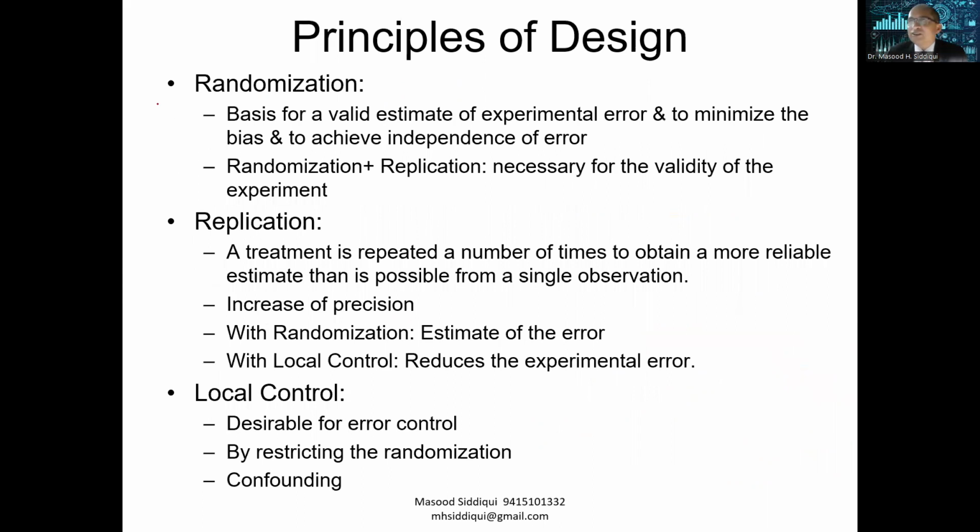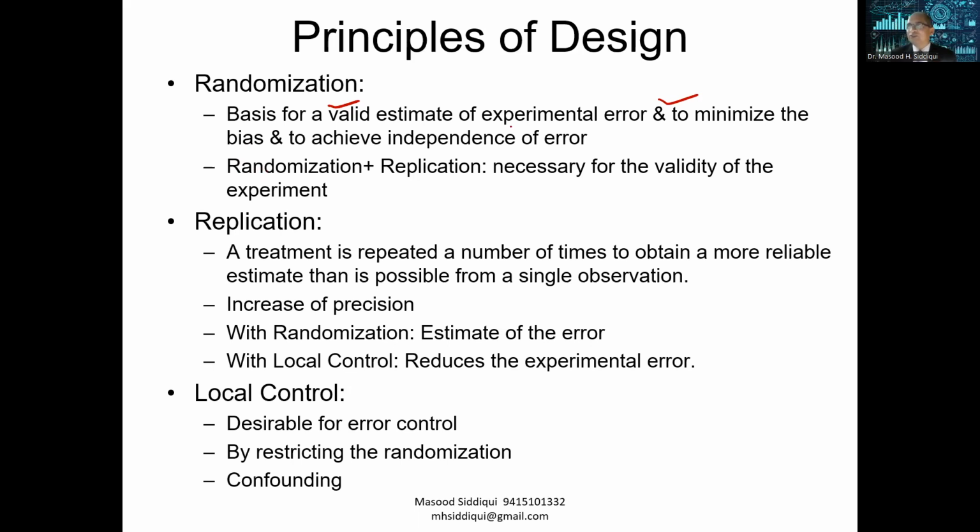Now we are discussing these concepts in detail. Randomization means choosing observations from the sample randomly and randomly assigning the treatment to the different doses. It forms the basis for a valid estimate of the experimental error, minimizes bias, and achieves independence of error. The objectives of randomization are, first, a valid estimate of the experimental error; next, to minimize bias, so there won't be any bias; and third, to achieve independence of error, which is an assumption for all the models that we are going to use.